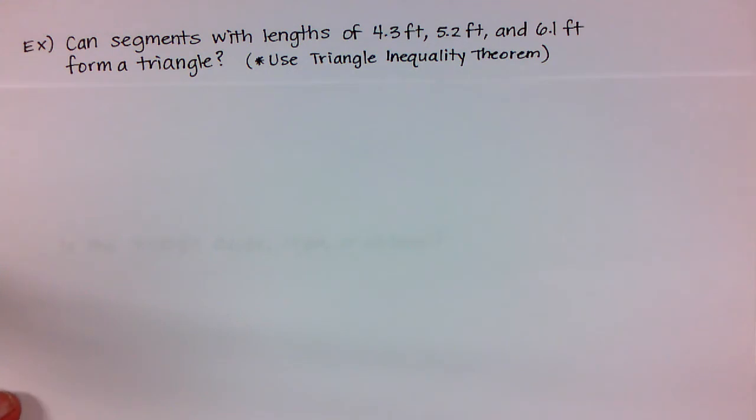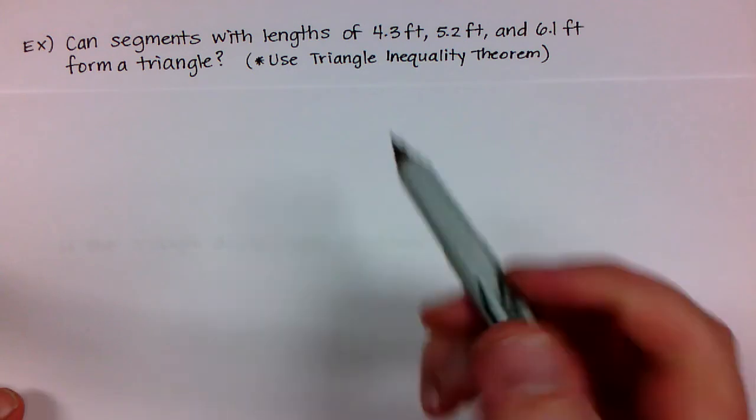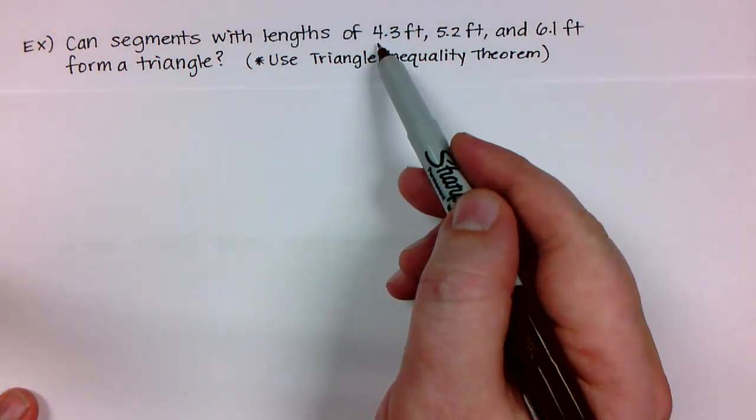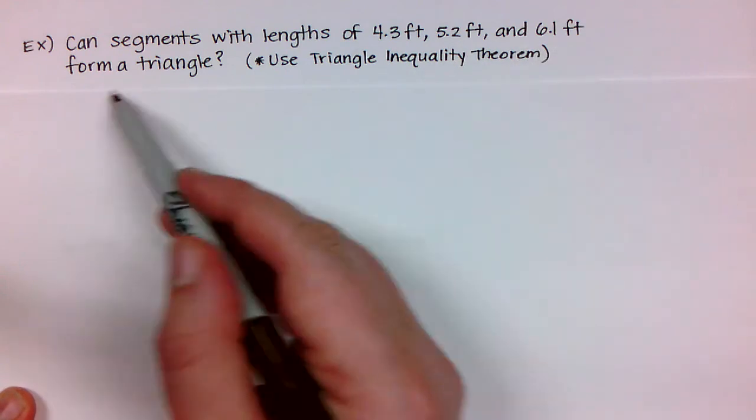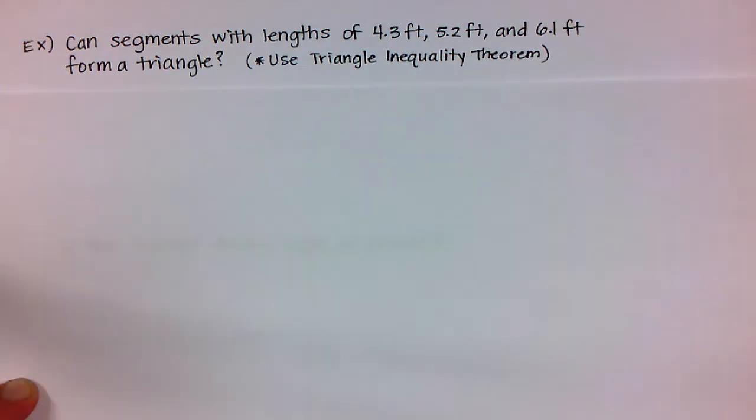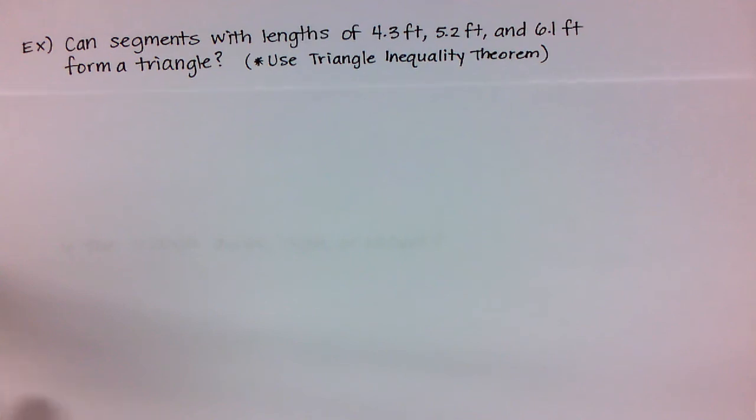Okay, and in this example, it's asking us if the lengths of these segments, 4.3 feet, 5.2 feet, and 6.1 feet, can form a triangle. So this is going back several sections where we learned how to figure out if 3 different lengths can possibly make a triangle or if they're too short to make a triangle.